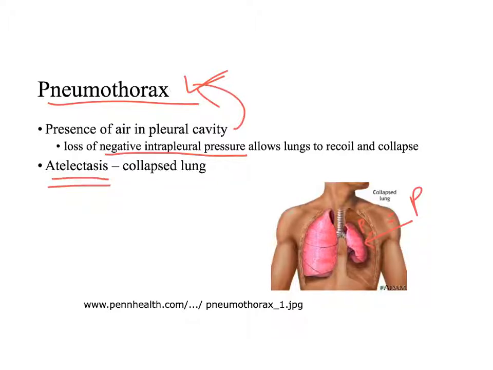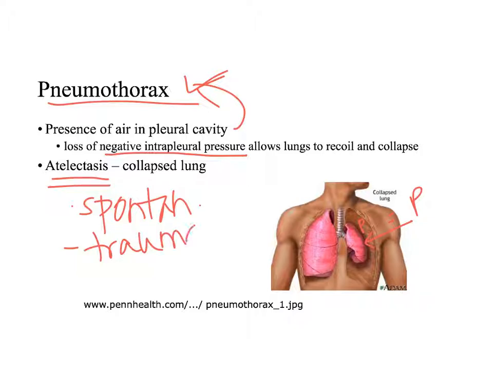The technical name for a collapsed lung is atelectasis. It can happen spontaneously, or it could be triggered by trauma, like a chest wound. Sometimes if somebody has cancer, it disrupts this too. So there are a bunch of different things that could cause a pneumothorax.